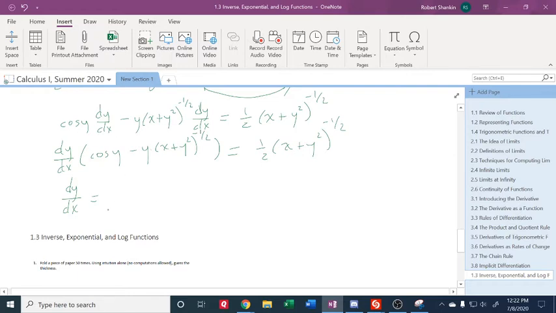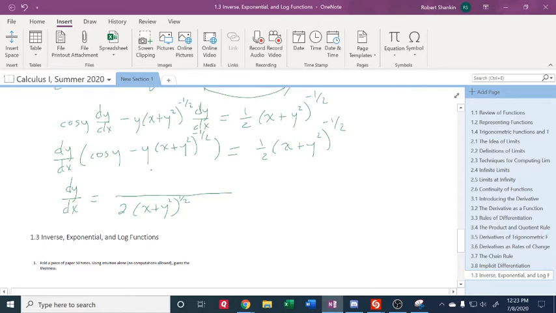I could do 1/2 divided by and fractions within fractions, but it's a little cleaner if I do it like this. This right hand side really has a 2 in the denominator, and it has a x plus y squared to the 1/2 in the denominator. That's not rewriting the right hand side any differently, it's just alternate notation for that.